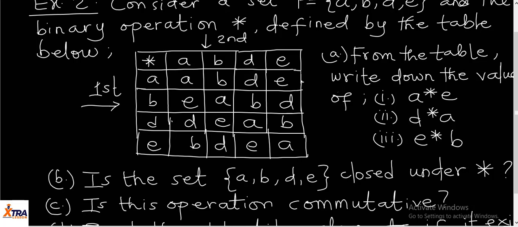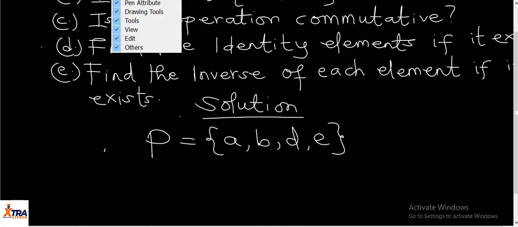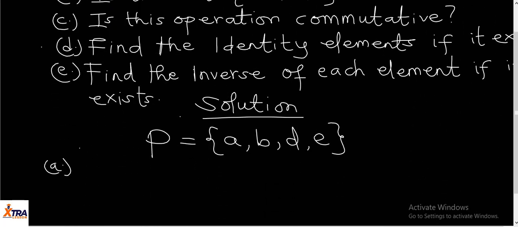We take A on the first, and then E on the second, and then we look at where they intersect. This one goes towards the right, and then they intersect at this point, and this becomes our value of A operation E.